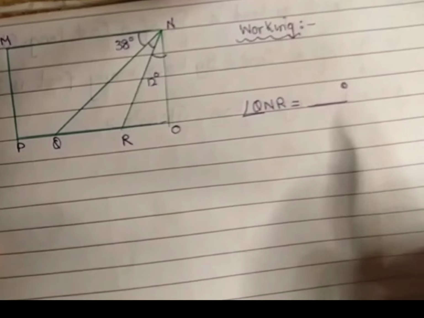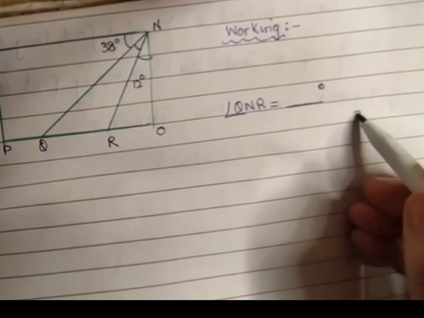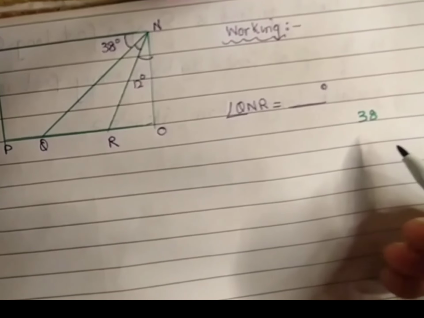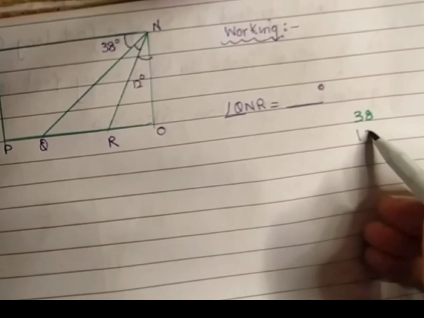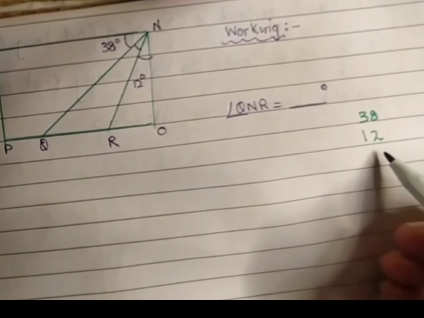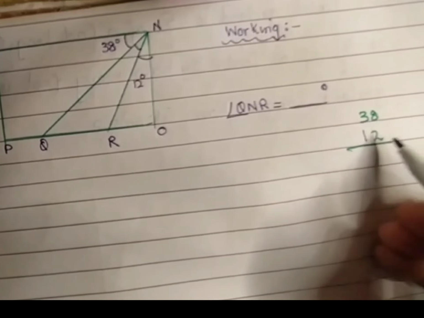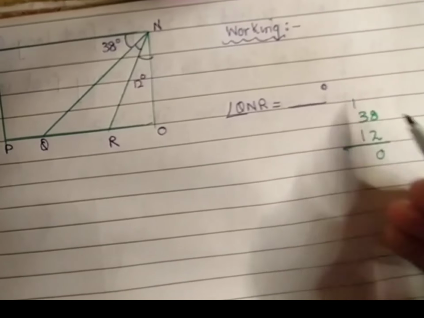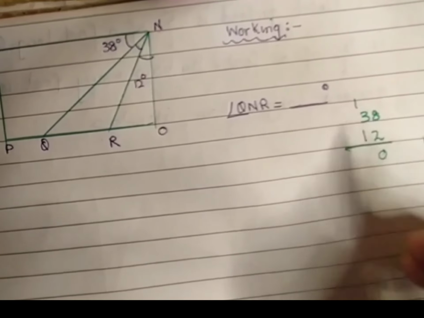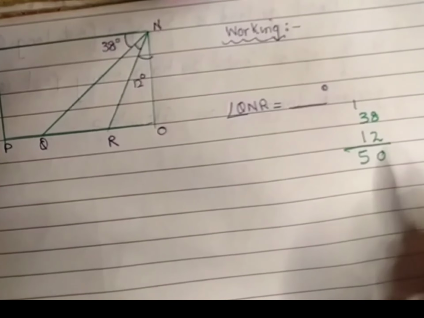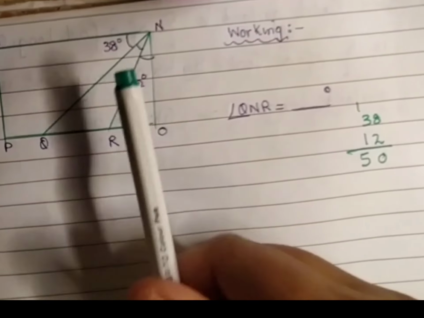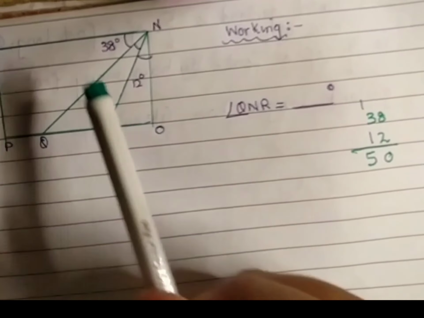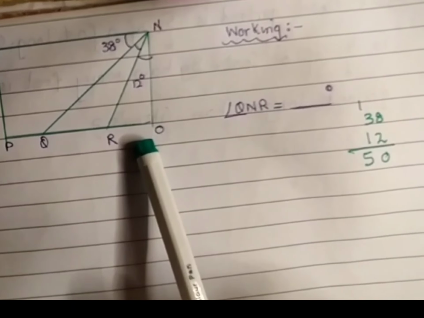So what I have you do here is add up 38 and also 12, because these are the figures given. Add this up. 8 plus 2 is 10. 3 plus 1 is 4, and 4 plus 1 is 5. 50 degrees. It means both these angles, when you add them together, make 50 degrees.